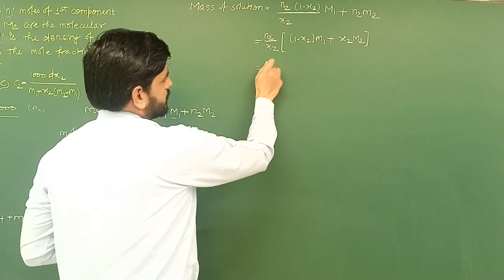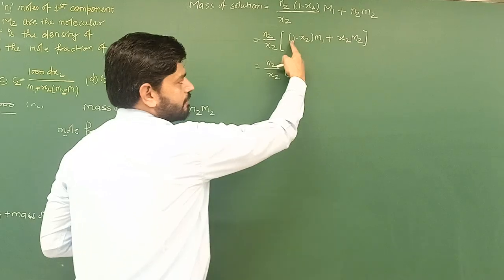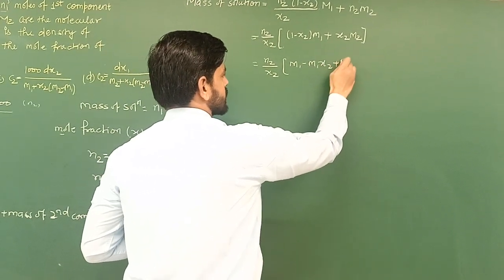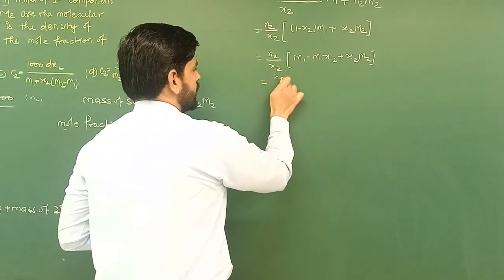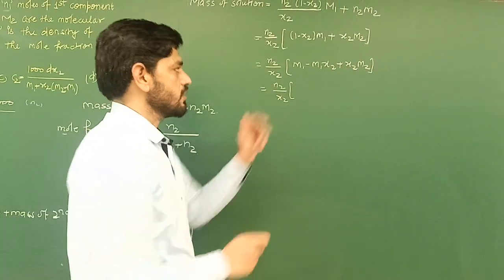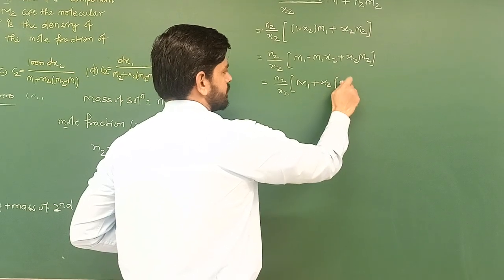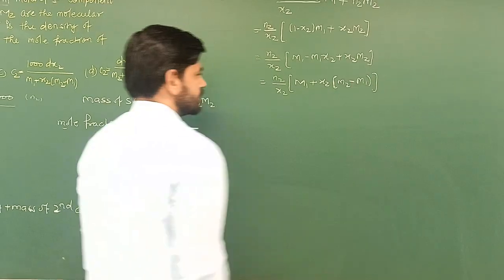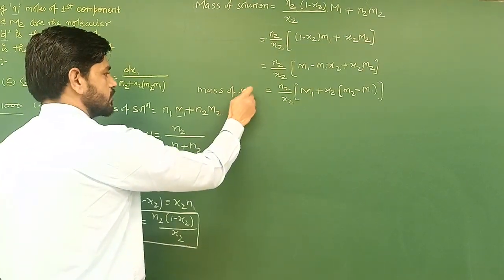When we simplify this equation, this is equal to N2 divided by X2 times M1 minus M1 into X2 plus X2 into M2. Now we can take M1 as common, so this becomes N2 divided by X2 into M1 plus X2 into (M2 minus M1). So this is the mass of the solution.